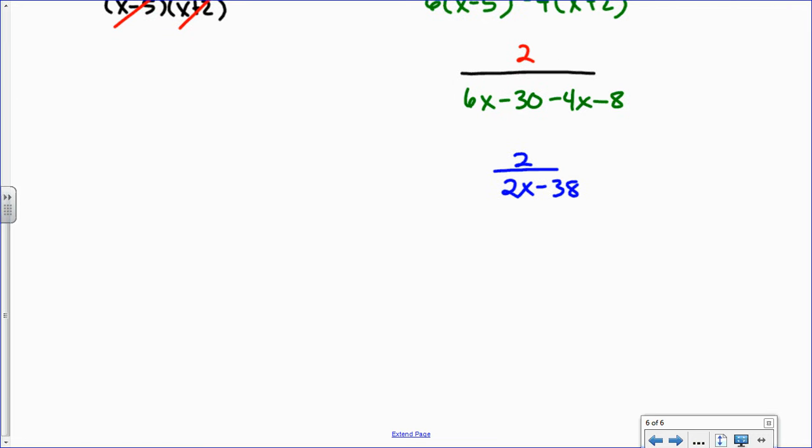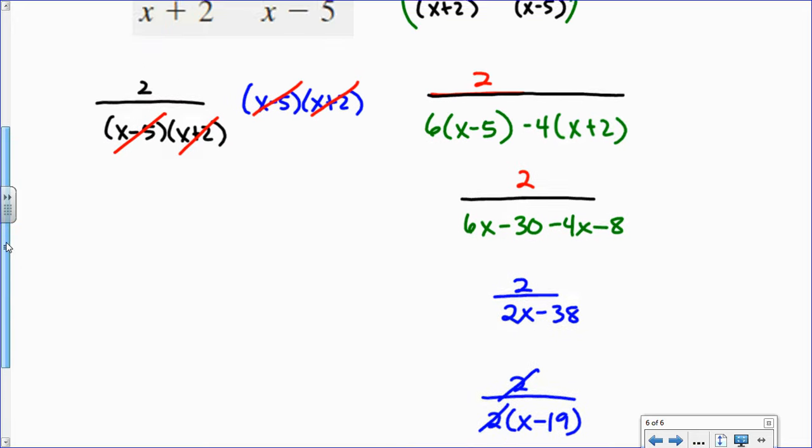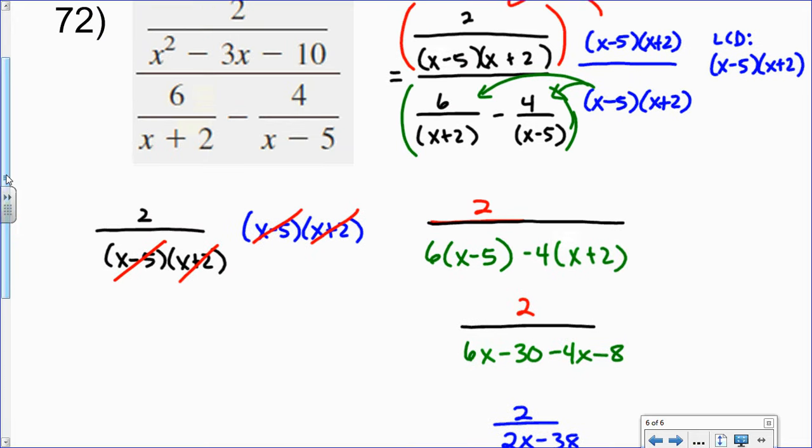Well, I noticed I can factor out a 2. That's x minus 19. Your 2's cancel, and you get 1 over x minus 19. Okay, so it's shorter, but you have to understand the distributing and what cancels. Do we?